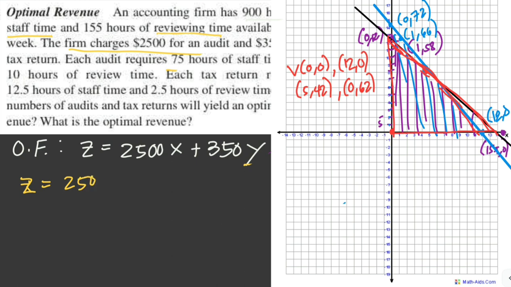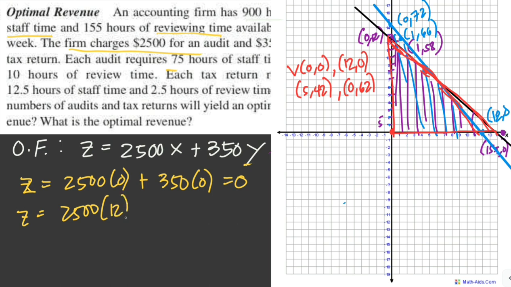When x is 0 and y is 0, z is equal to 0. When x is 12 and y is 0, then z is 30,000.